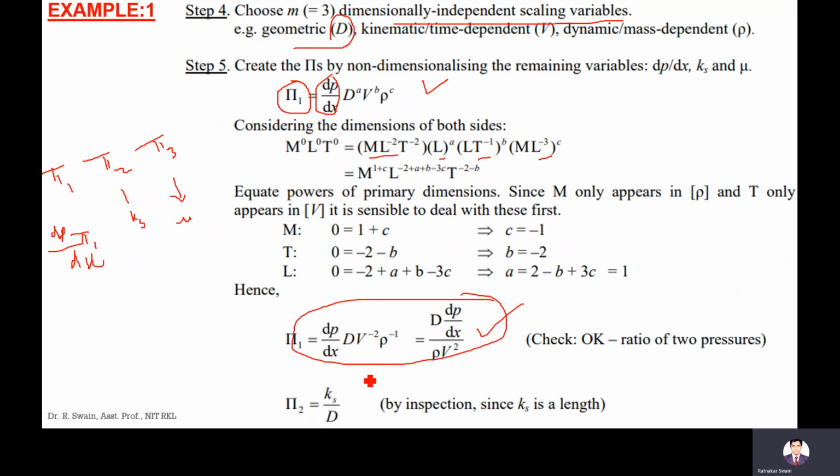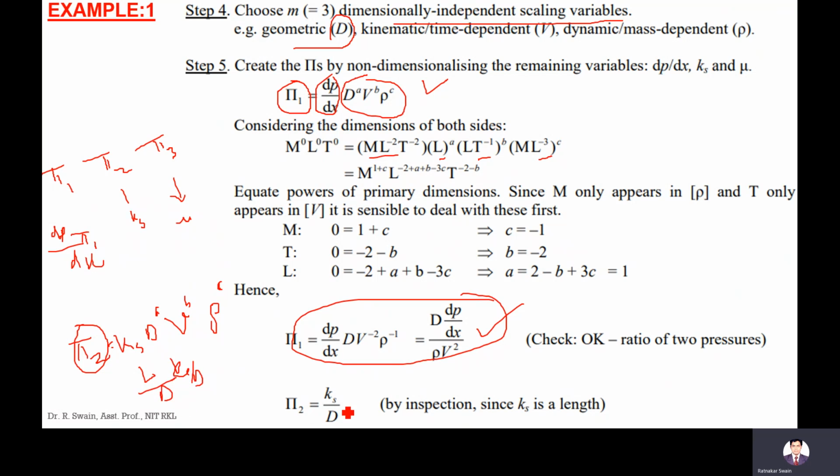Now come to Pi 2. Pi 2 we write ks into the repeating variables, d to the power a, v to the power b, rho to the power c. We know ks is nothing but a length. So if it is a non-dimensional parameter, then obviously we can write this as ks by d.